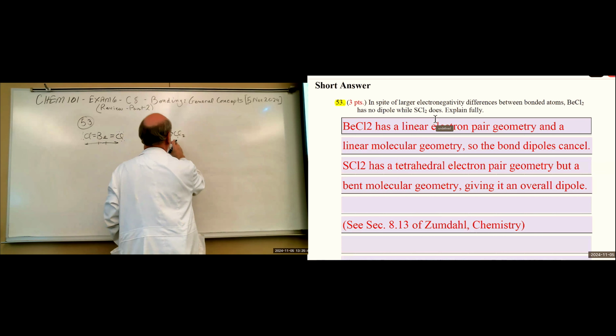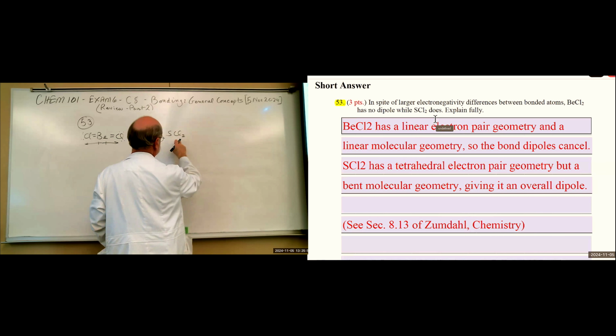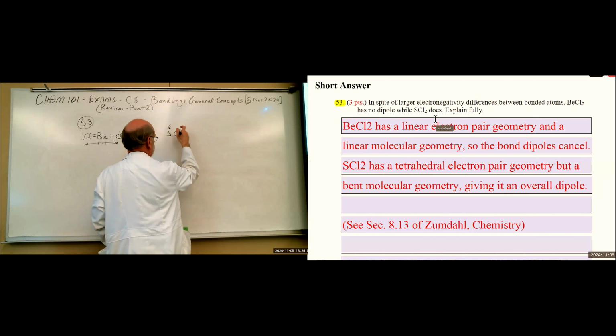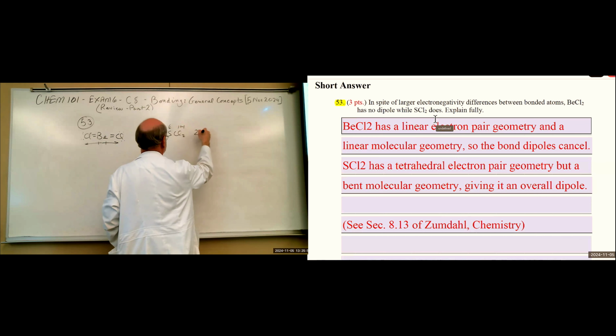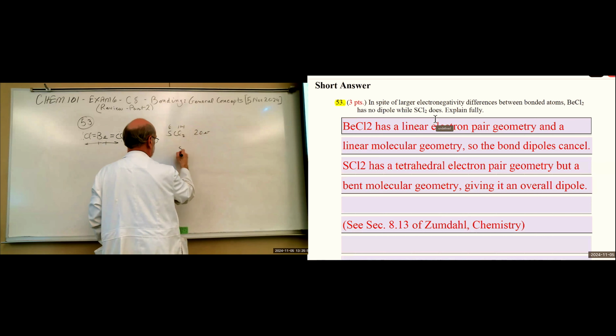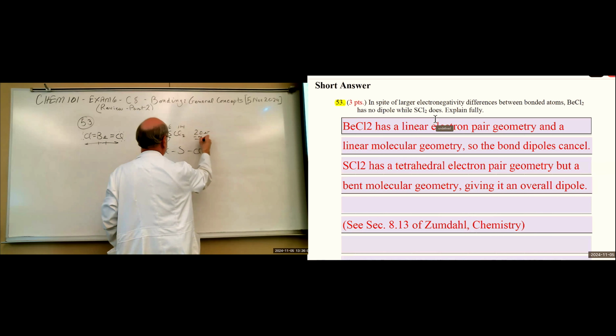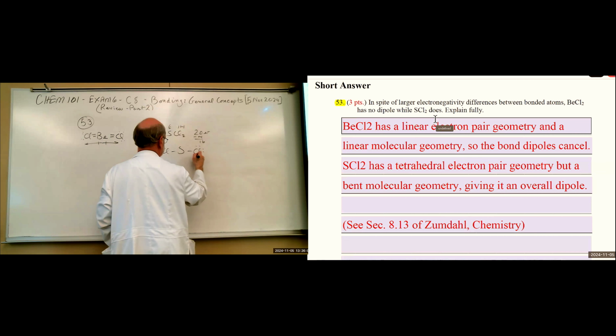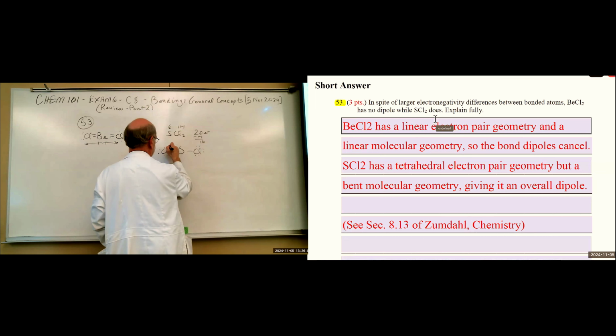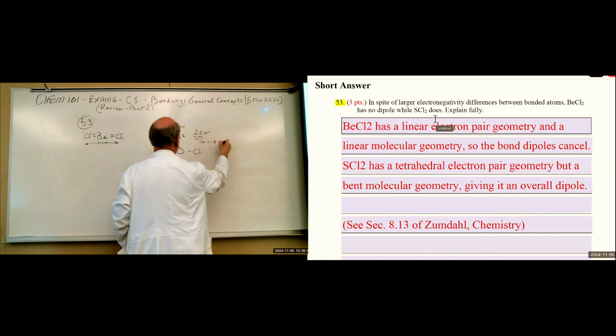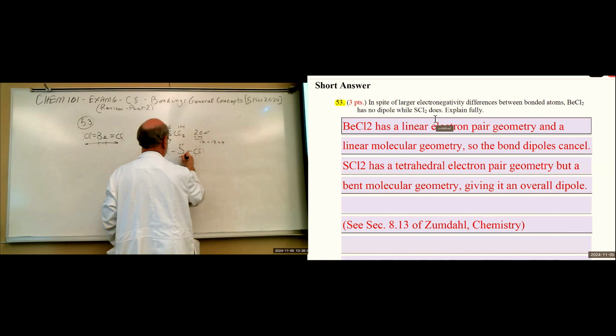Yeah, might as well do that one. So this is 6, and that's 2 times 7 is 14, so there are 20 electrons. Sulfur in the middle, chlorine, chlorine, 16, 2, 4, 6, 8, 10, 12, 4. There.